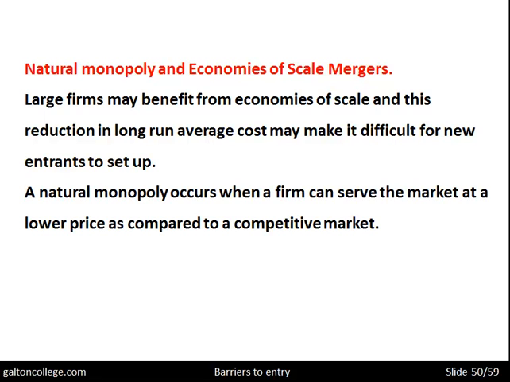A natural monopoly occurs when a firm can serve the market at a lower price as compared to a competitive market. So when there is competition, the price is forced down through the force of competition. Companies trying to get sales will reduce the price.